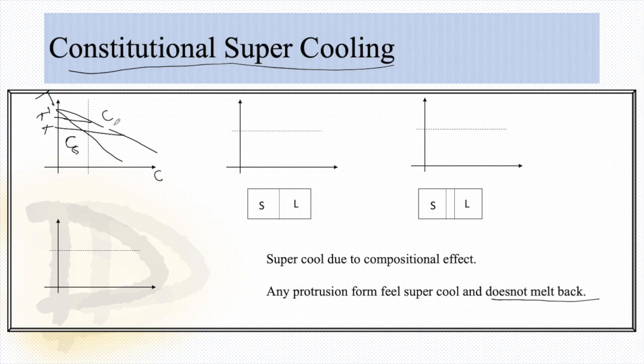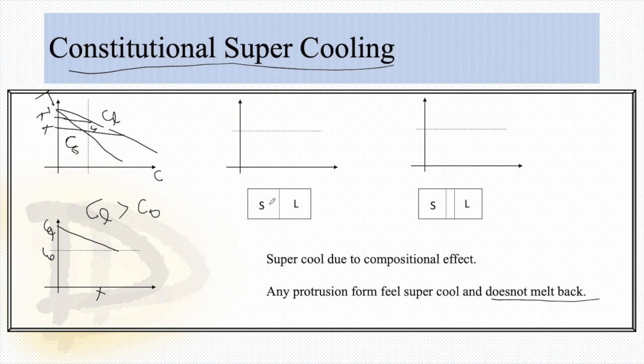At higher temperature, we directly find the liquid composition, but at the lower temperature, which is far away from the liquidus line, we find a combination of solid and liquid. So the composition of the liquid is found to be greater than the ideal average composition.